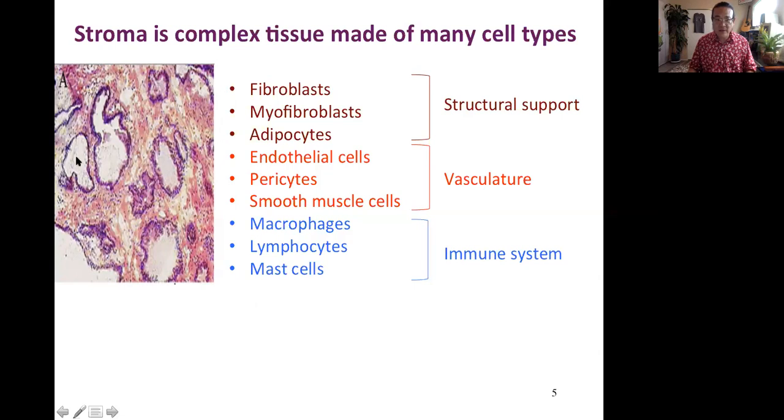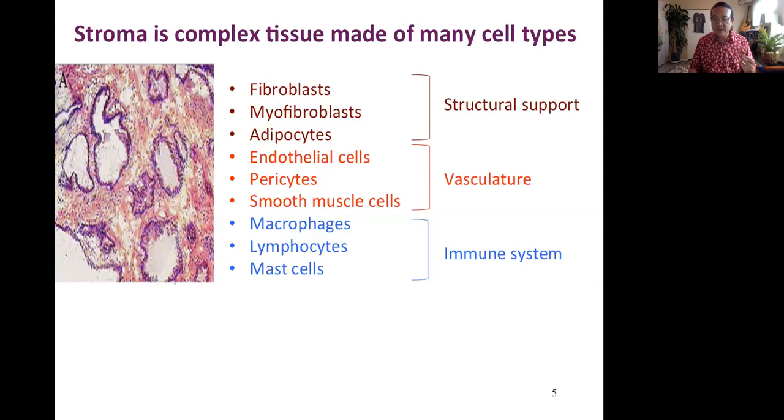So let's look on the left here, another example of tissue. Here you have in purple the epithelial cells that are lining various ducts, and then all of the orangey, pinkish cells would be considered a mix of these various types of cells that make the stroma.